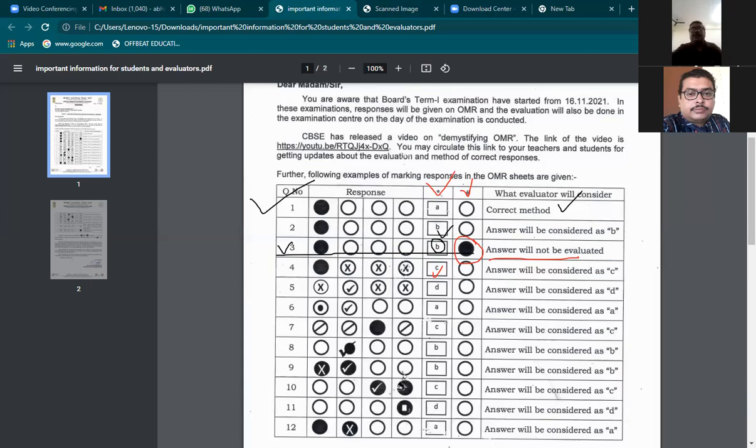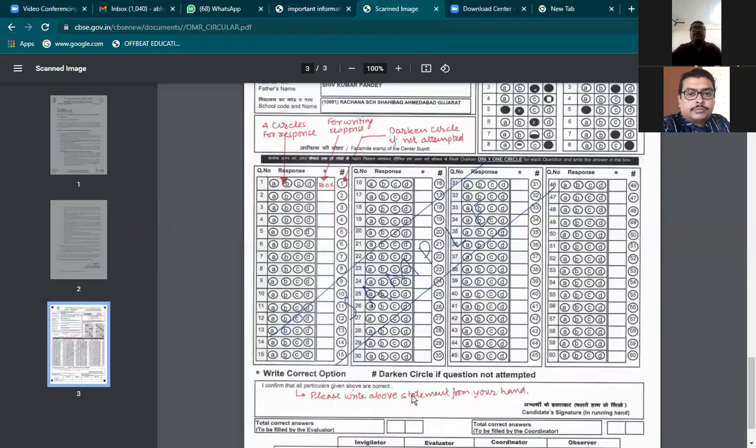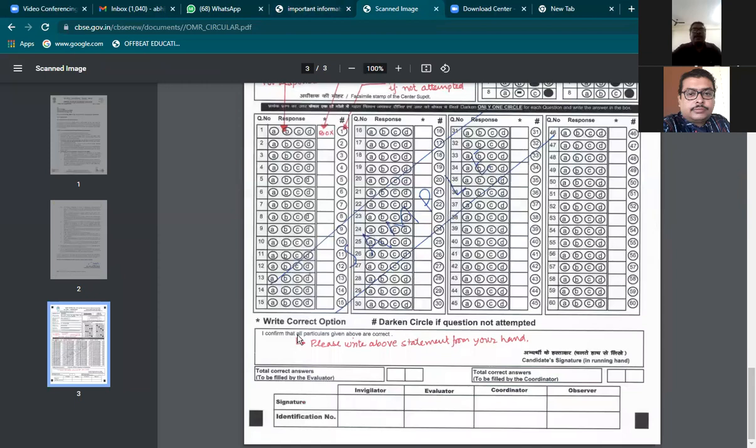Another thing I need to clarify, because you have also made some mistakes. Here it is written, I confirm that all particulars given are correct. You should write this in your own running handwriting. A few students have made mistakes here.